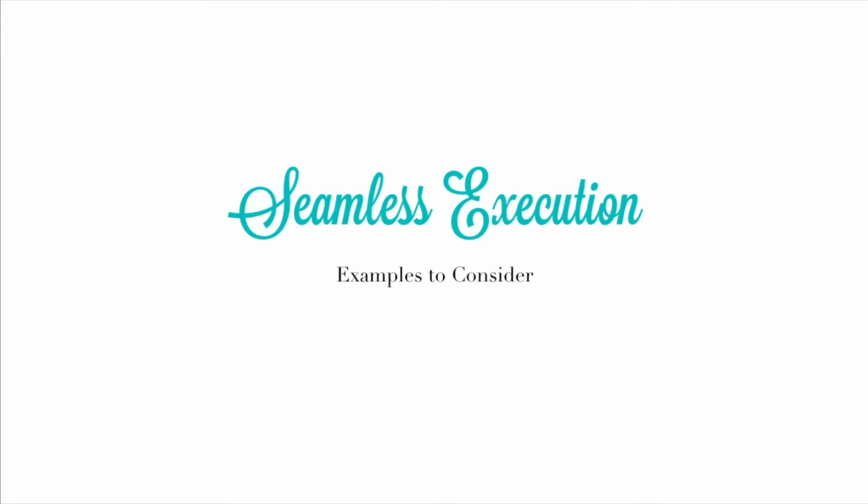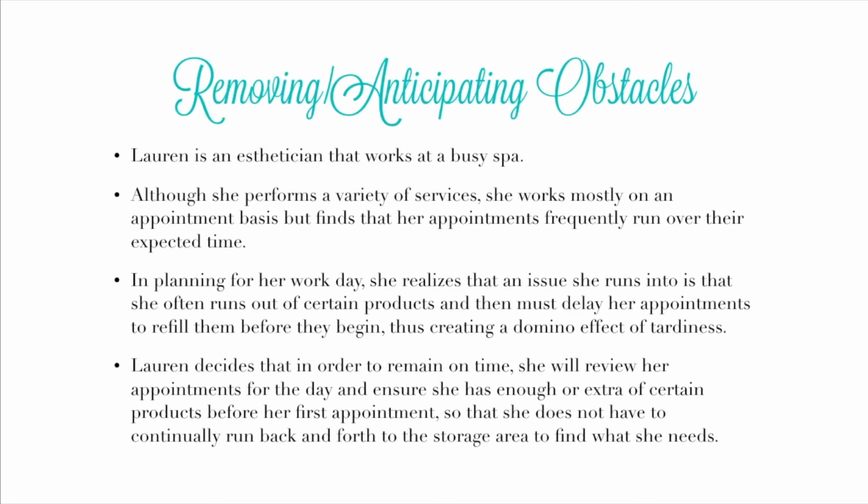Seamless execution, examples to consider. Removing or anticipating obstacles. Lauren is an esthetician that works at a busy spa. Although she performs a variety of services, she works mostly on an appointment basis, but finds that her appointments frequently run over their expected time.